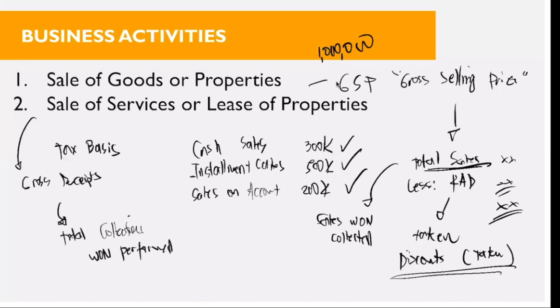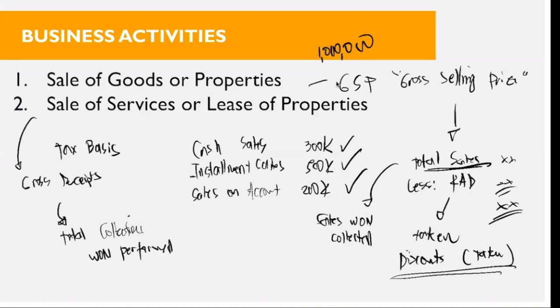So again, on your sale of goods or properties, the gross selling price is your total sales, whether or not collected. In your sale of services or lease of properties, the amount of your tax basis is your gross receipts. We mean total collections. Sale of goods, all sales. Sale of services, only collections, whether or not performed. Okay?